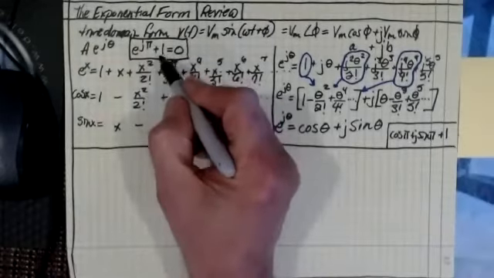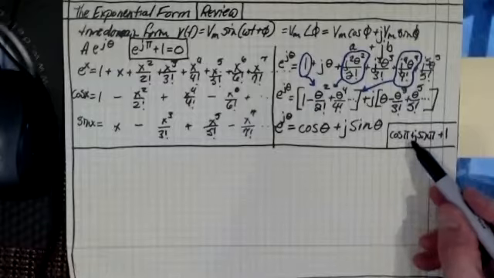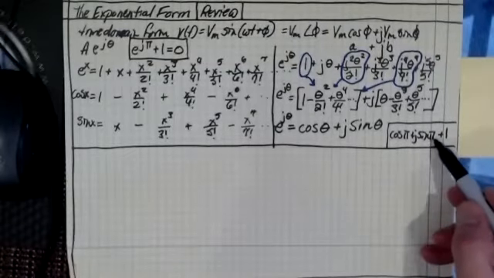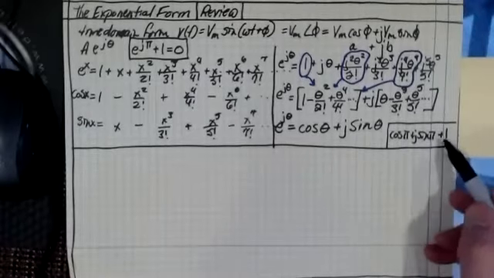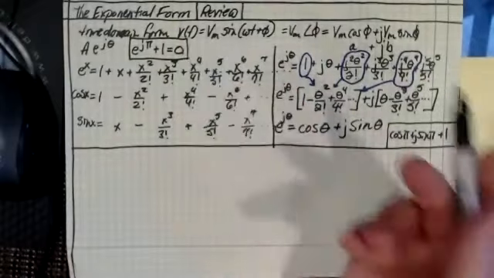That's where the plus 1 comes in. Well, let's see. Cosine of pi is minus 1, right? Plus j sine of pi, well, sine of pi is 0. So minus 1 plus 1 equals 0. Does everyone see how that all works out?